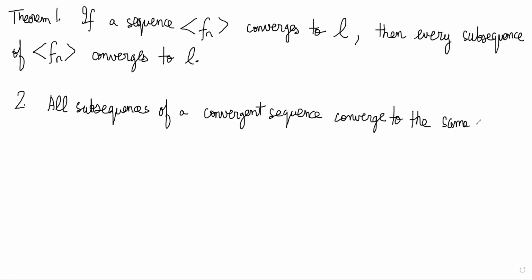This is saying the same thing as theorem 1. It's just saying that if it is a convergent sequence, it has some limit, then all the different subsequences will also have the same limit.